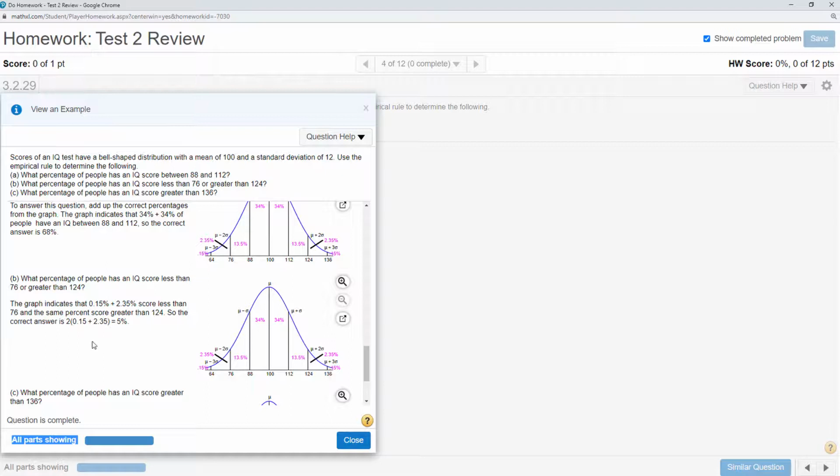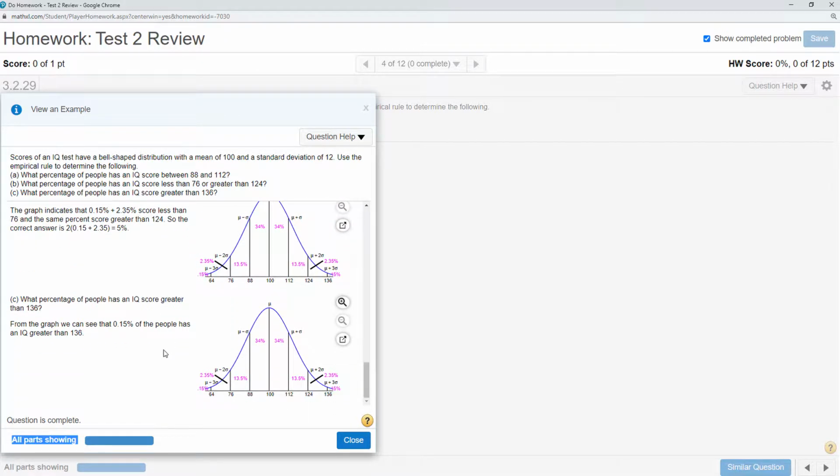So it's going to be 2 times that, which is 5%. Then you have to double it, which comes to 5%. What percentage of people have an IQ score greater than 136? You can see there's 136 there, and above 136 is 0.15%. Okay.